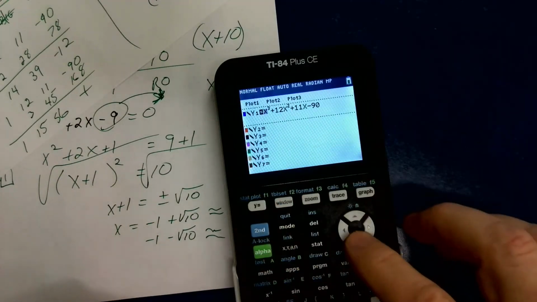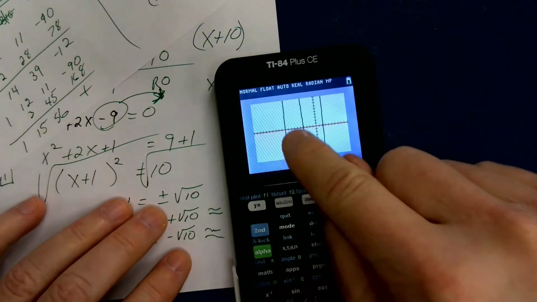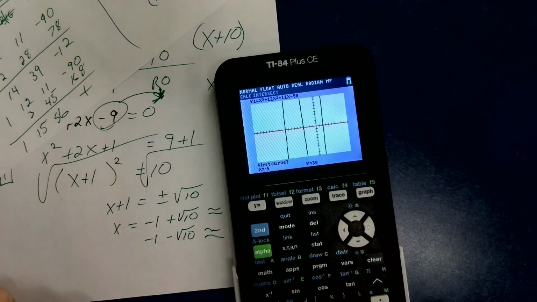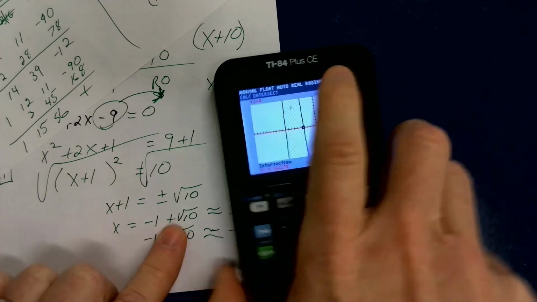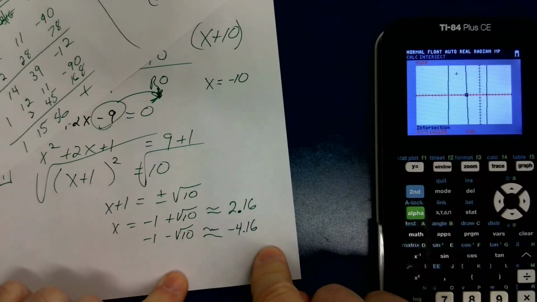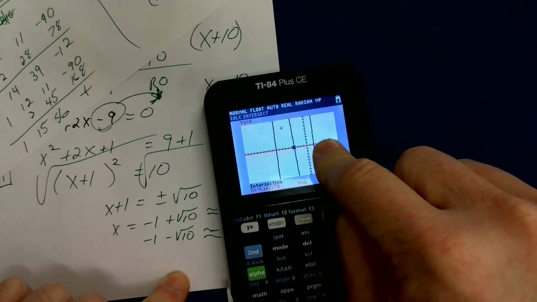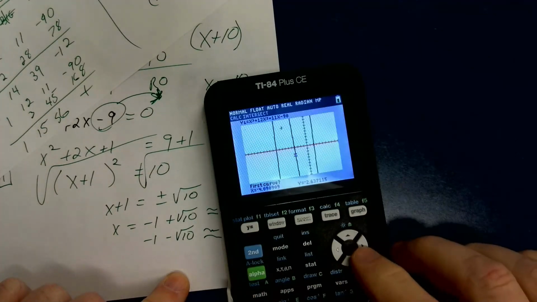Graph it. Y equals. Let's set it equal to 0. Intersection points here and here. Second trace, number 5. Enter, enter, enter. Look at that. Negative 4.16. That's what I got from completing the square. Over here. Second trace, number 5.